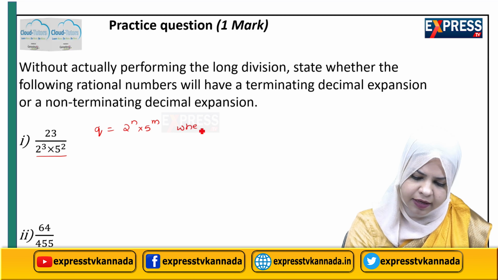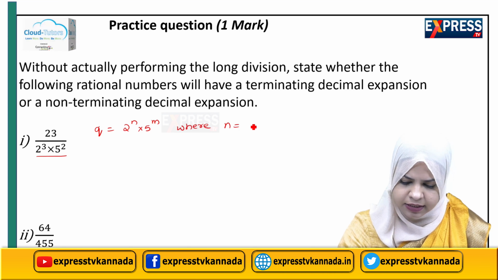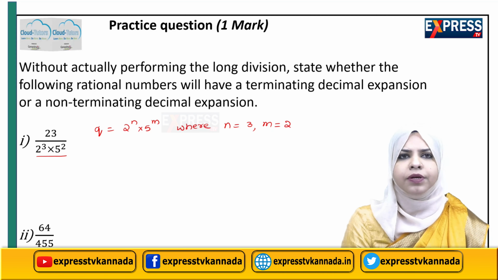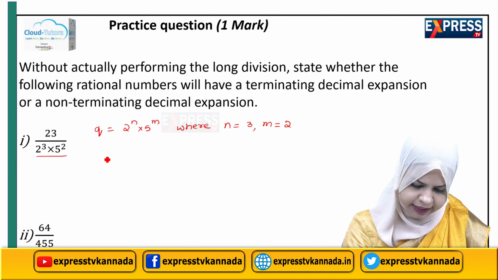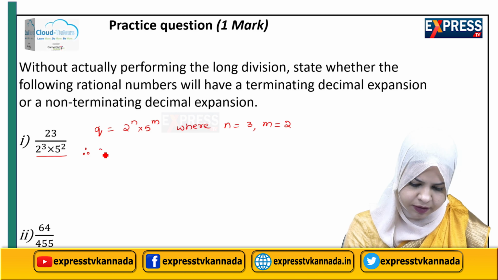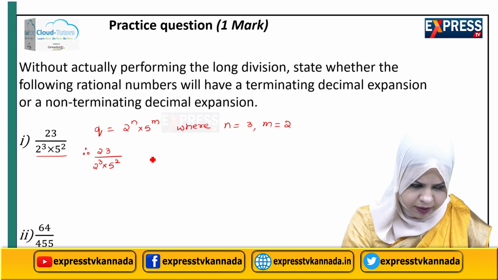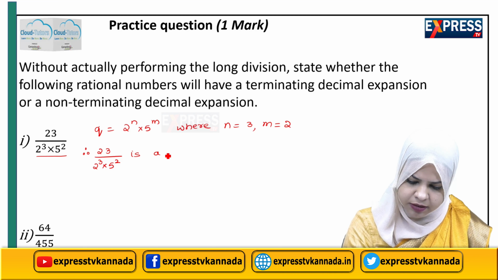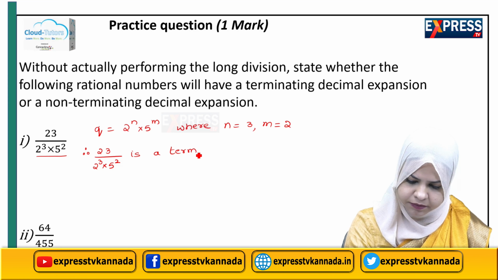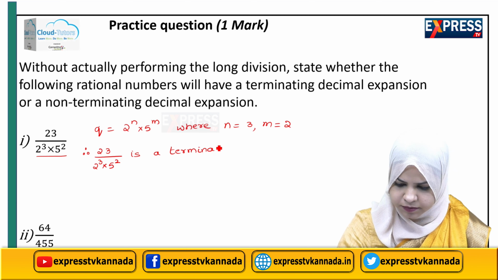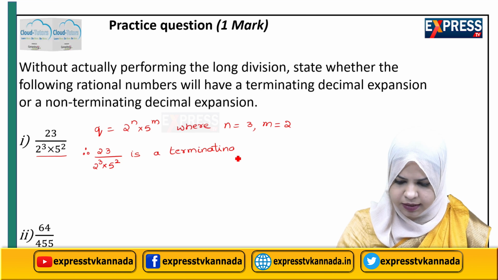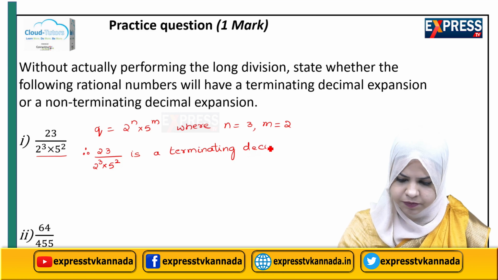Where n is 3 and m is 2. So therefore I can say that 23 divided by 2 power 3 into 5 power 2 is a terminating decimal expansion.